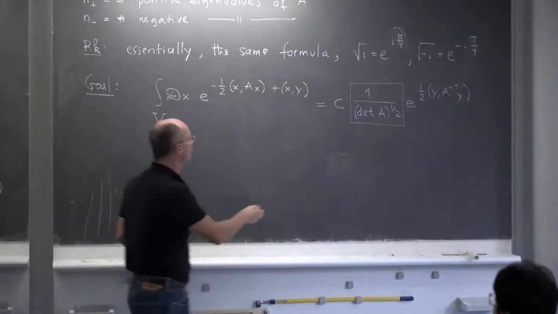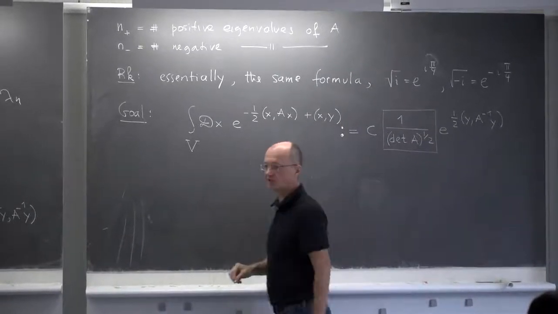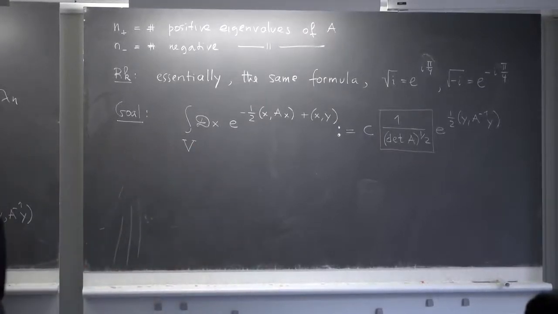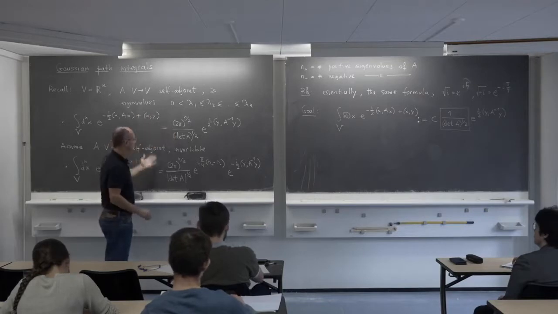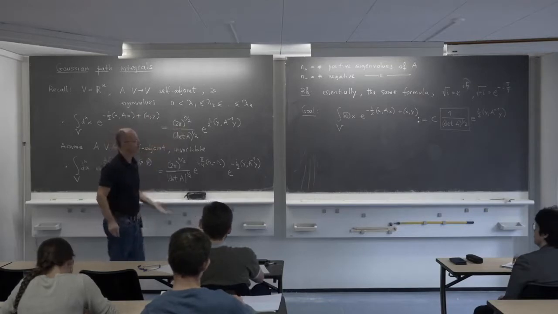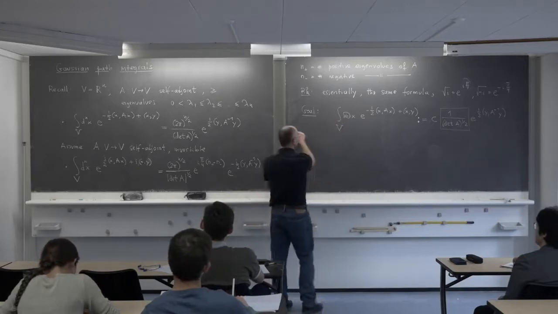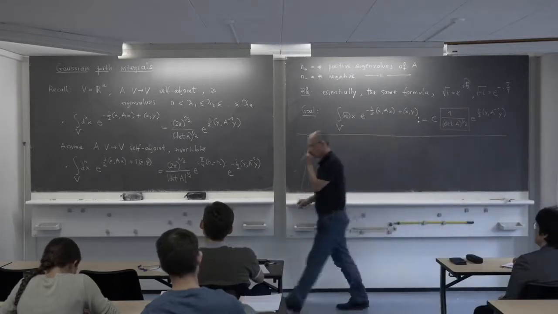And note that now this formula becomes a definition of the left-hand side. So here, of course, those formulas we prove, we compute and we obtain the answer. So that's essentially the definition of Gaussian path integrals. Okay.